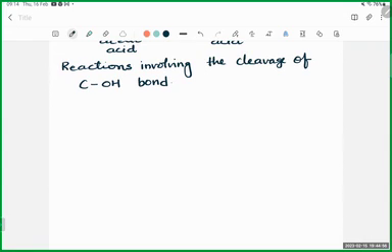Carboxylic acids on heating with mineral acids like sulfuric or hydrochloric acid, and sometimes even phosphorus pentaoxide, give anhydride. Vice versa, even here the carboxylic acid produces the anhydride.